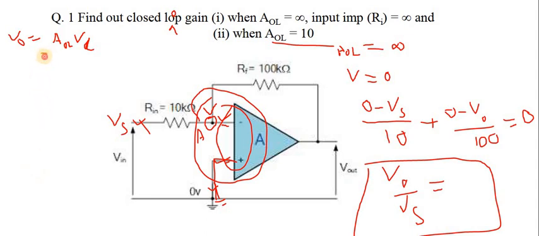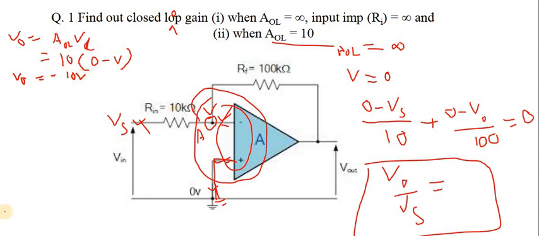AOL is given as 10, and for VD, the non-inverting terminal voltage is 0, so 0 minus V. So here you can find that your V naught is equal to minus 10 V.